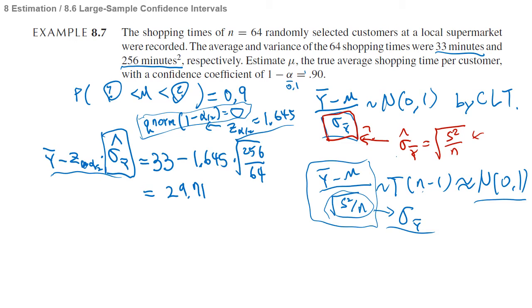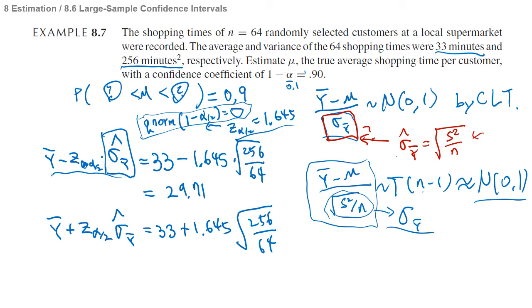You can also calculate the upper bound, which is y bar plus z alpha over 2 times sigma y bar hat: 33 plus 1.645 times the square root of 256 divided by 64, which is 36.29. So your confidence interval is 29.71 to 36.29.